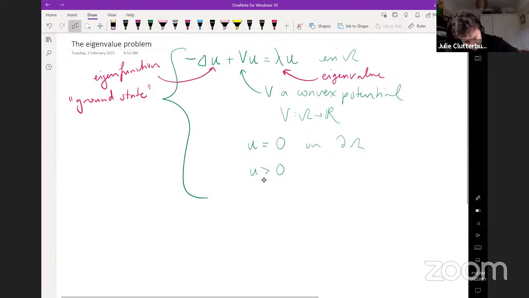And so this problem comes up a lot, and it's of physical meaning, and it's also used a lot in probability.